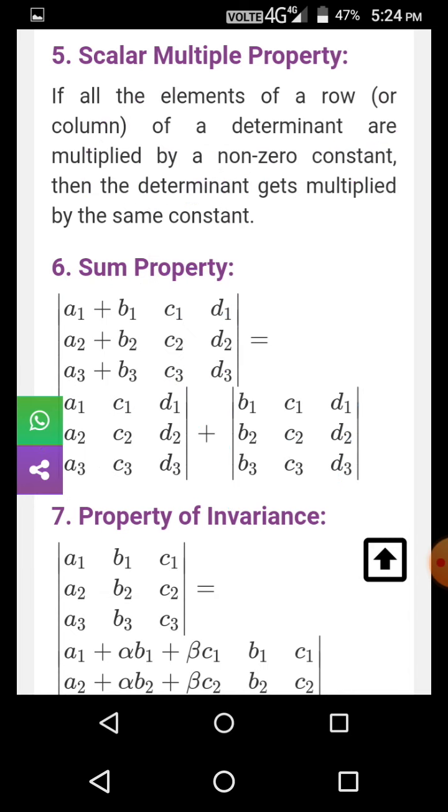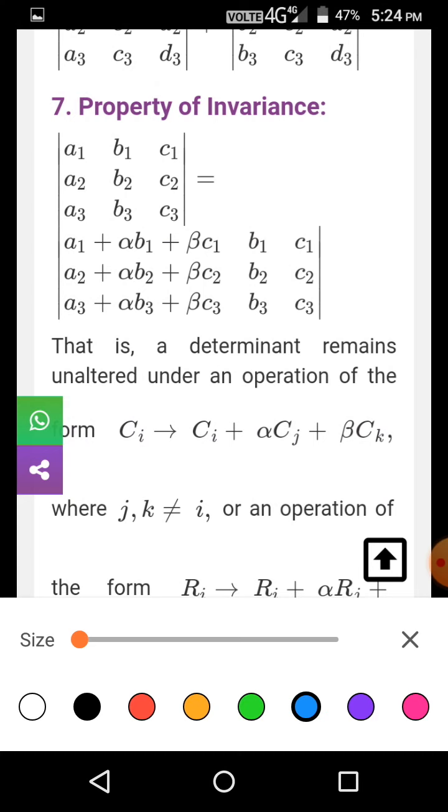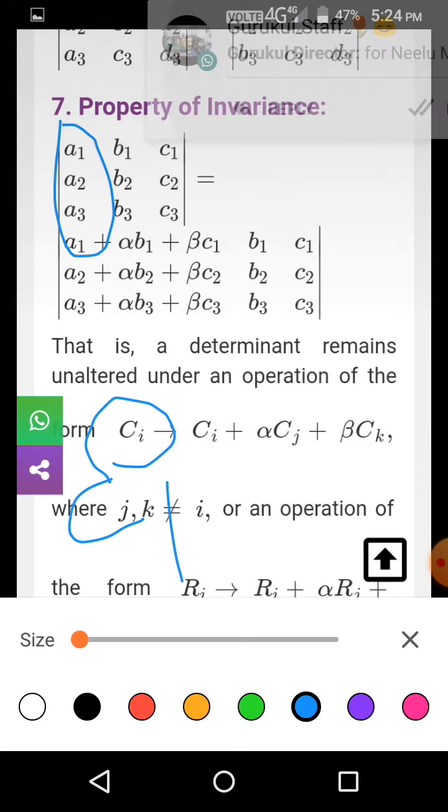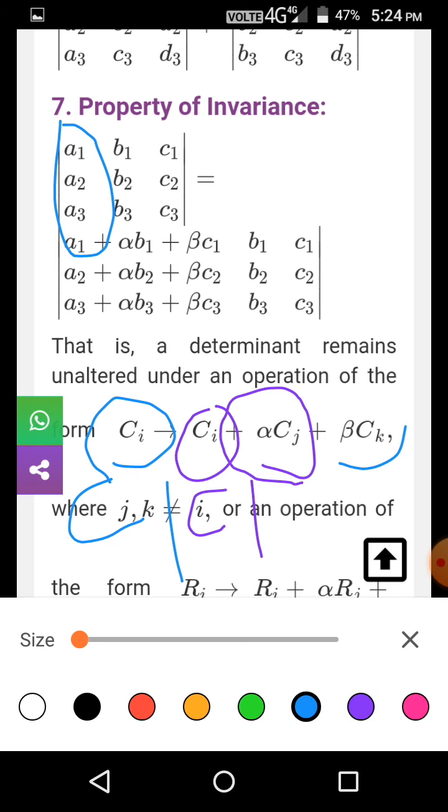Next property is the property of invariance. What does it say? Suppose I have the first column written as a1, a2, a3. Then I keep c1 as it is, but to the first column I add alpha times c2 and beta times c3.